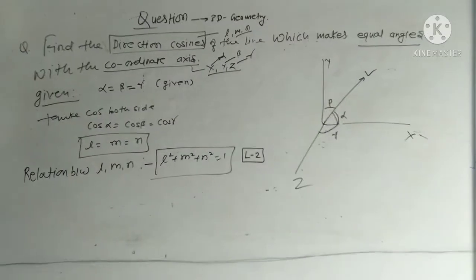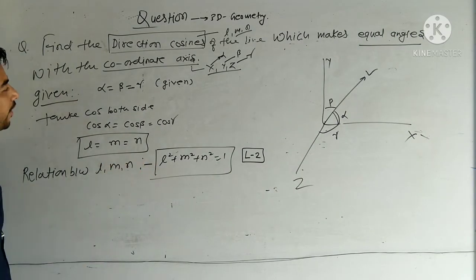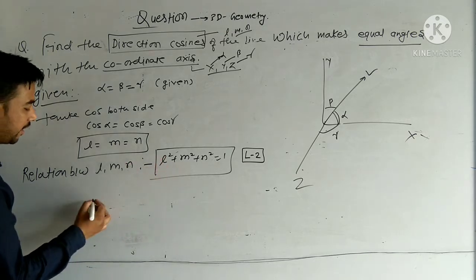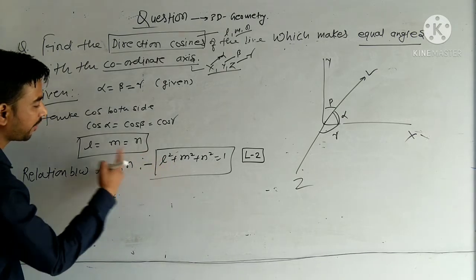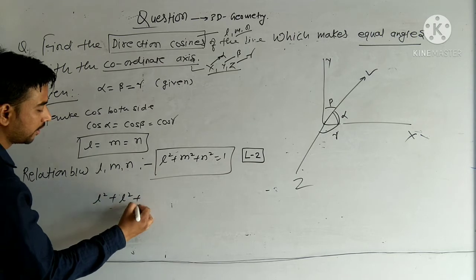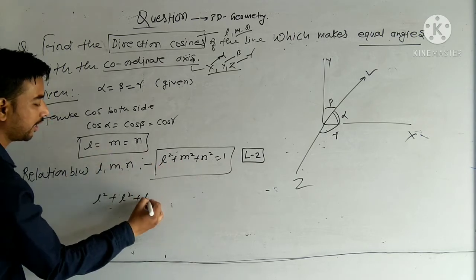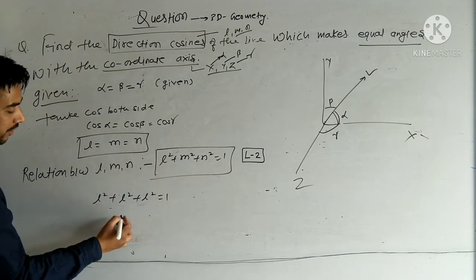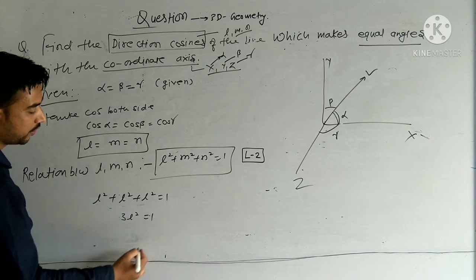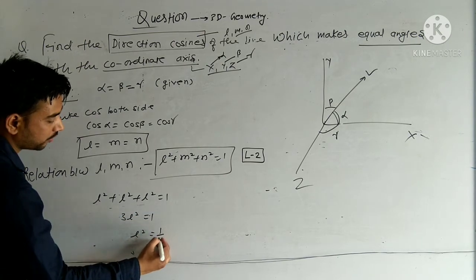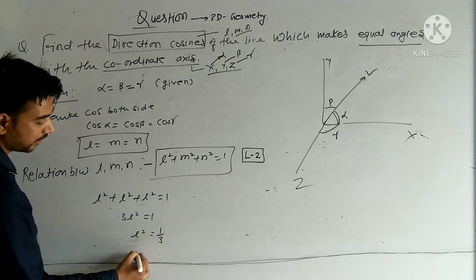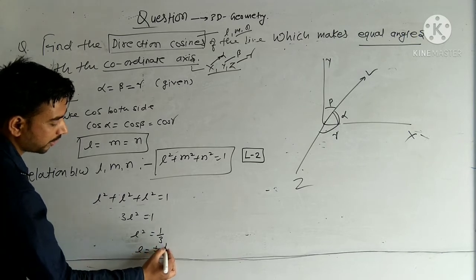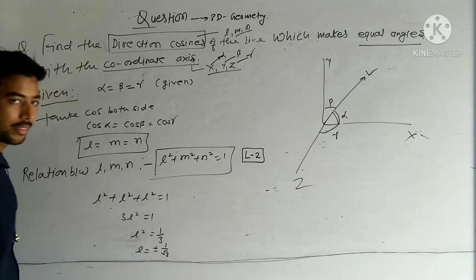It is useful for you. So L square, in the place of M we can write L square, in the place of N we can write L square, equal to 1. So 3L square equal to 1. So L square equal to 1 by 3, and L equal to plus minus 1 by root 3.